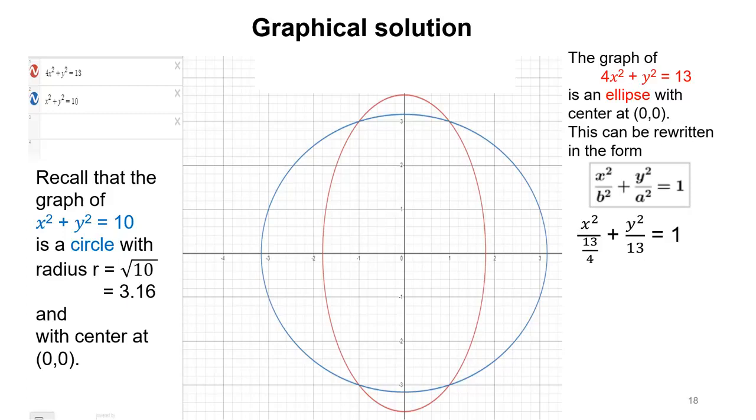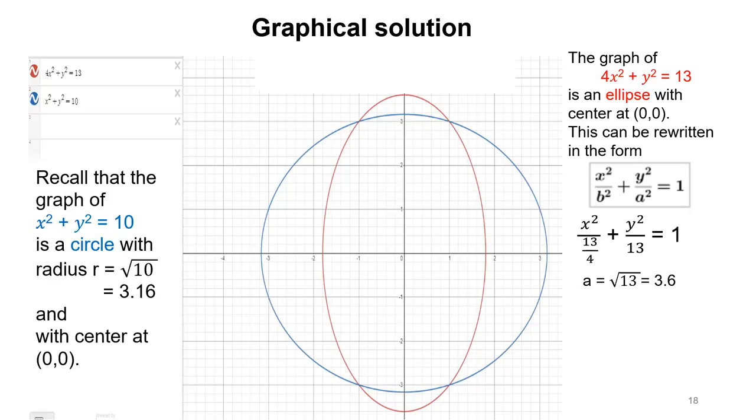And since our equation earlier is 4x squared plus y squared is equal to 13, then we can solve for our b here and for our a.